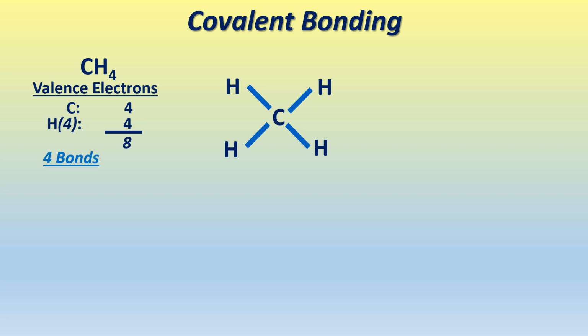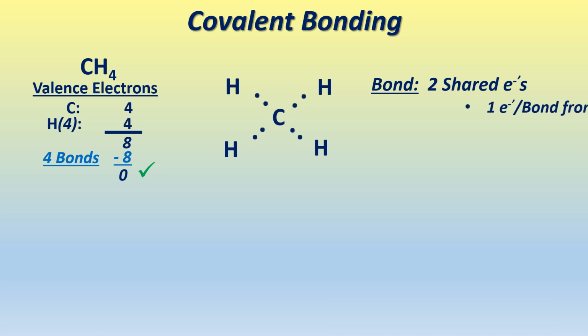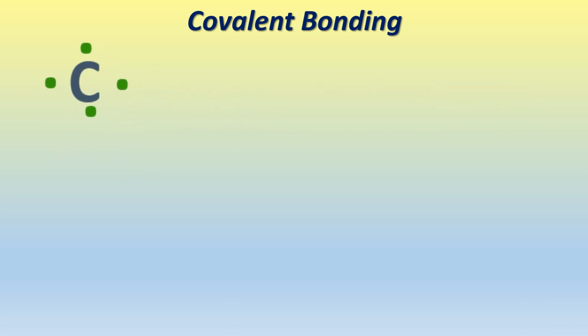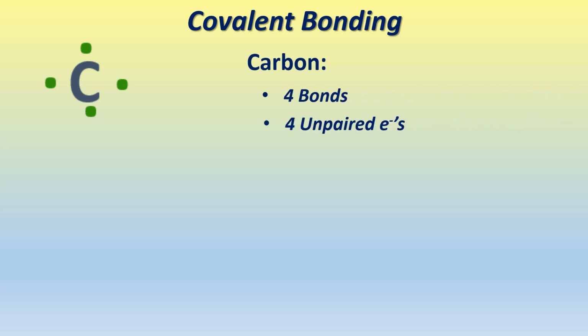Now, knowing what we know about the geometry of the molecule, a bond is 2 shared electrons, which means one electron is given by the hydrogen and 1 electron is given by the carbon to form each bond. This implies, in order to form 4 bonds, carbon requires 4 unpaired electrons.